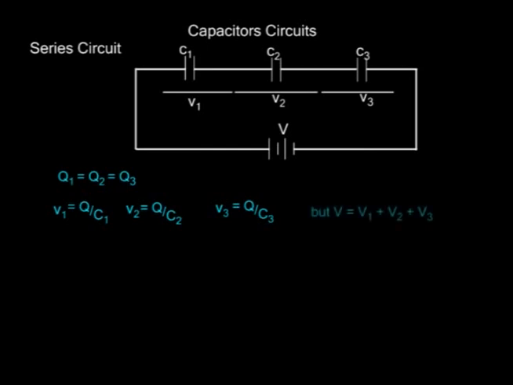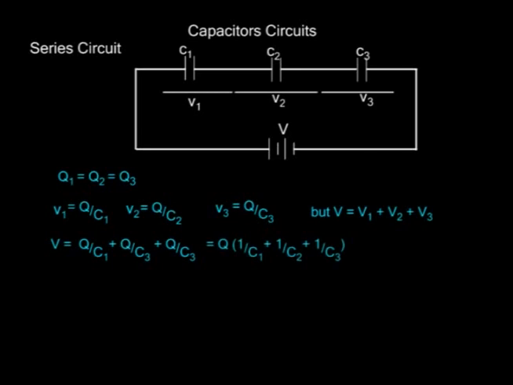But then V, the total voltage, is equal to the sum of the individual voltages. That's V is equal to V1 plus V2 plus V3. Substituting for V1, V2 and V3 in the above, V is equal to Q over C1 plus Q over C2 plus Q over C3, which gives us Q into 1 over C1 plus 1 over C2 plus 1 over C3.